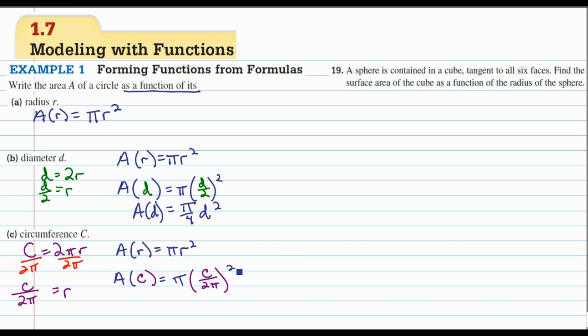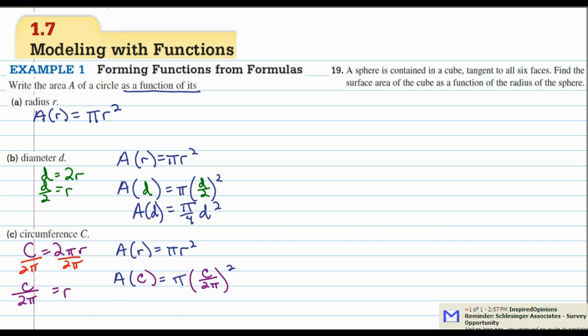squared. So similar to section 1.4, I want to find the area as a function of another variable. I've got to find the common ground those two variables have. So in part C here, circumference is related to radius, area is related to radius, so I could create that composition function, area as a function of the circumference.